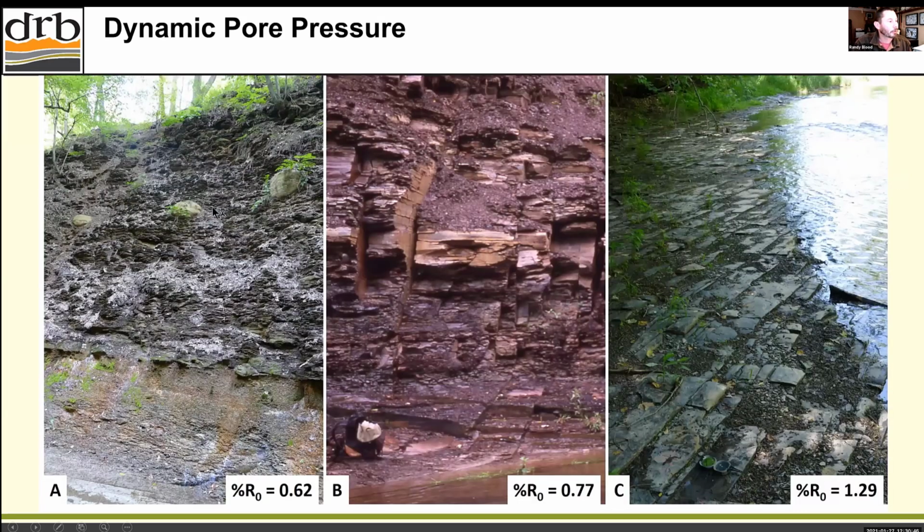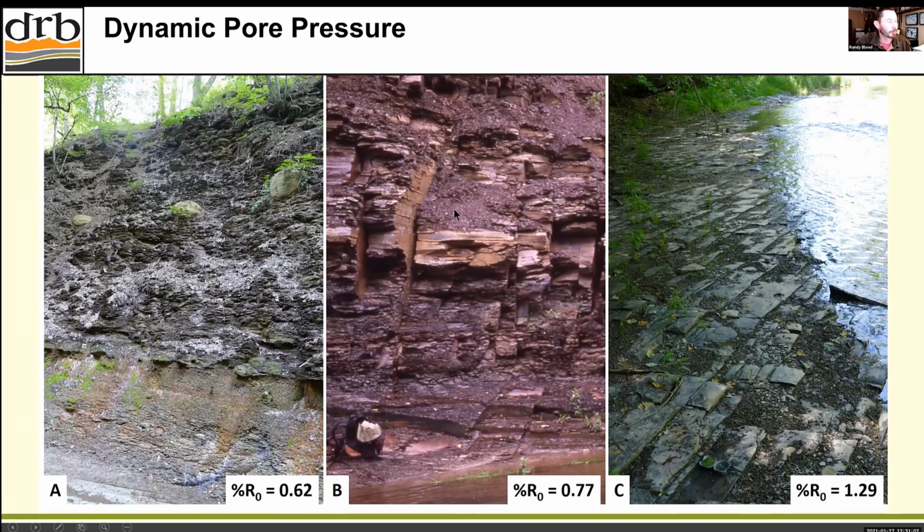More evidence of that. So here is black shale out in the Columbus, Ohio area. We are at an Ro of about 0.62, so just getting into the oil window, a little bit below the onset of oil generation, and we don't see any fracturing in that black shale at all. We move a little bit further.